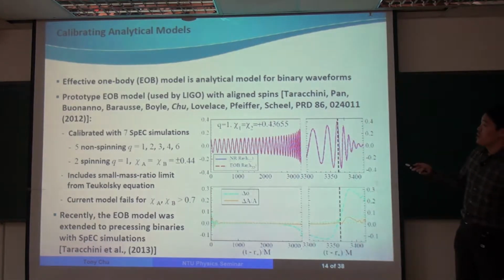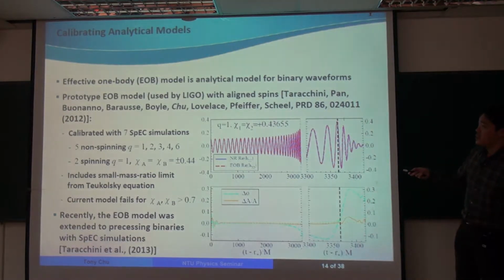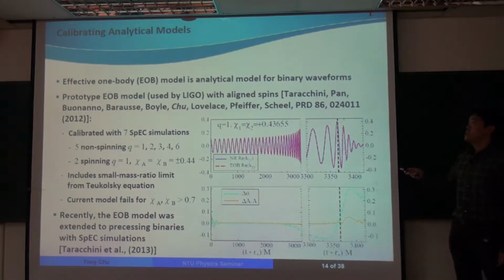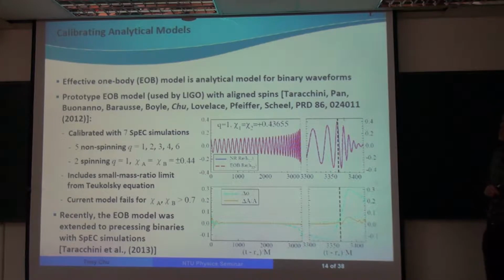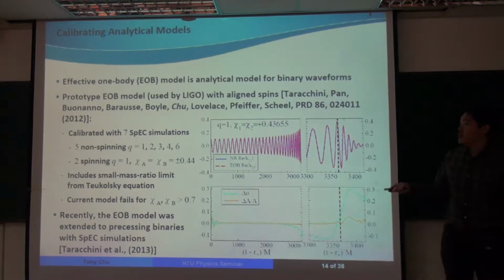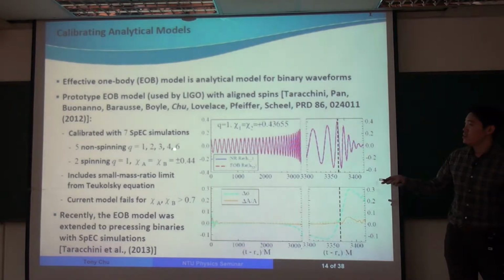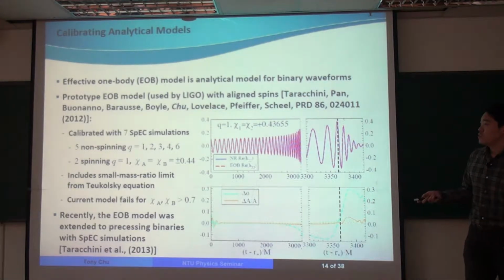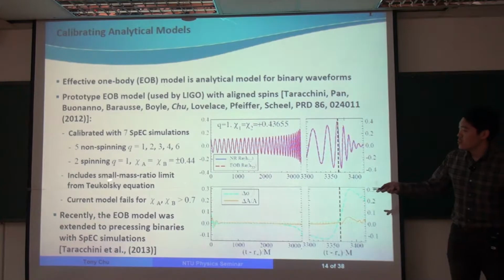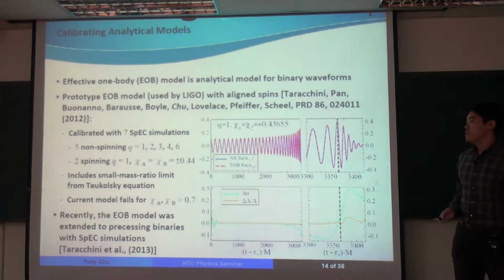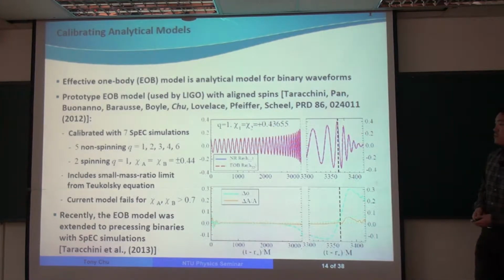This prototype effective one-body model for aligned spins is actually being used as a template bank by LIGO right now. It was also calibrated to several non-spinning simulations with different mass ratios and some results from black hole perturbation theory that can be used to treat extreme mass ratios.